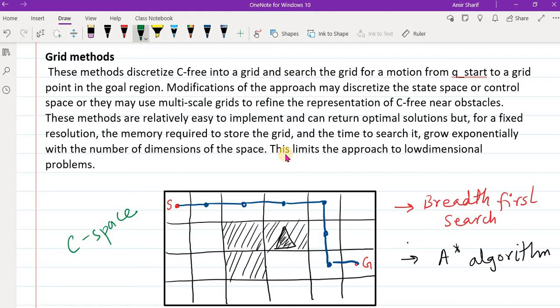That's a problem with these kinds of methods. This limits the approach to low dimensional problems.